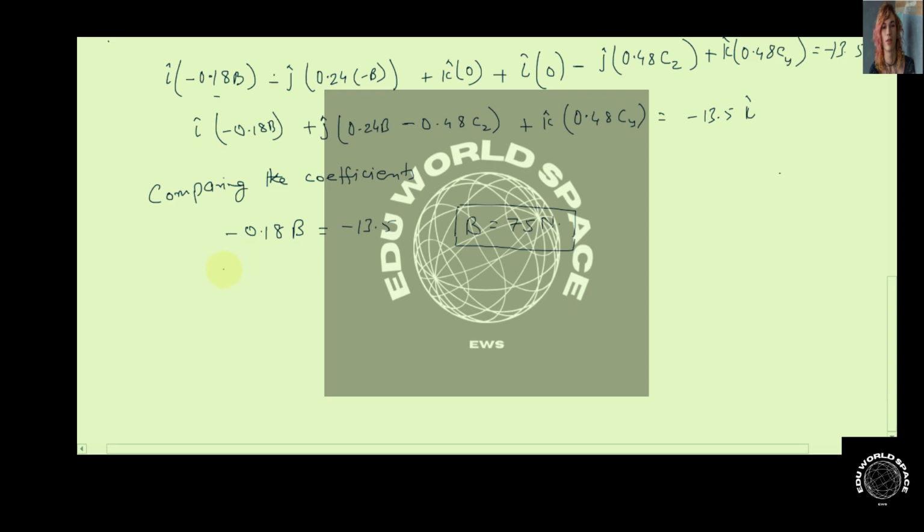Now comparing the coefficient of J cap, we can write 0.24 B minus 0.48 CZ should be equal to 0, since there is no term involved in the right hand side. So from here we can calculate the value of CZ, and since B is already known, CZ comes out to be 37.5 Newton.